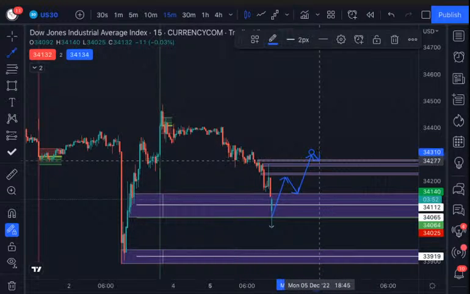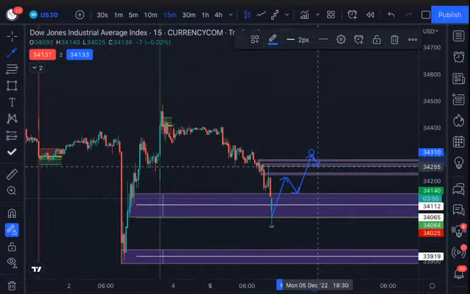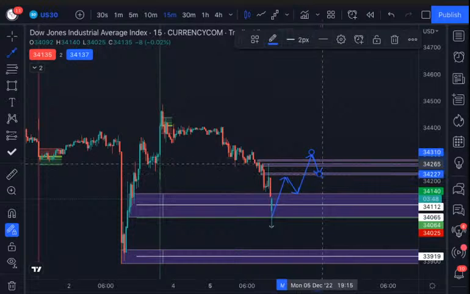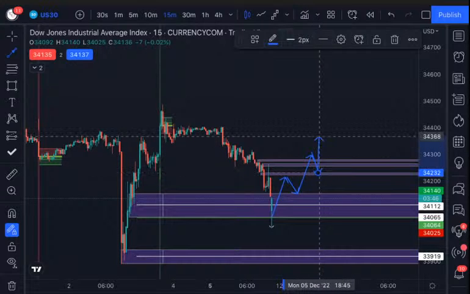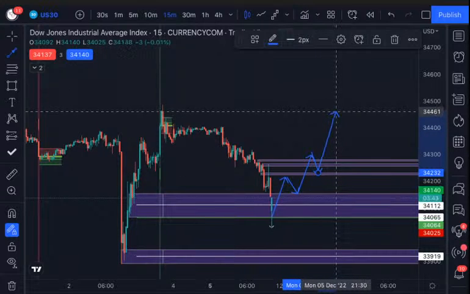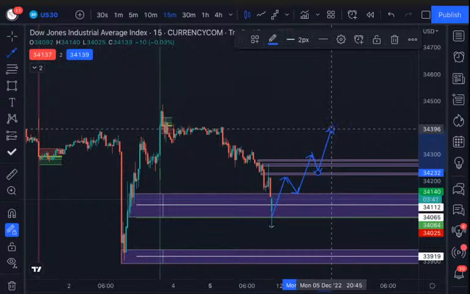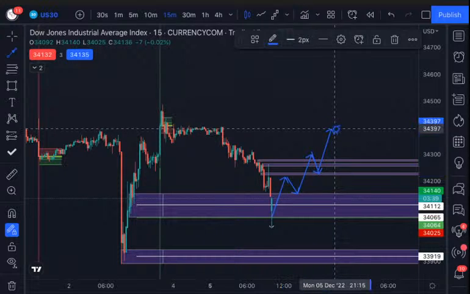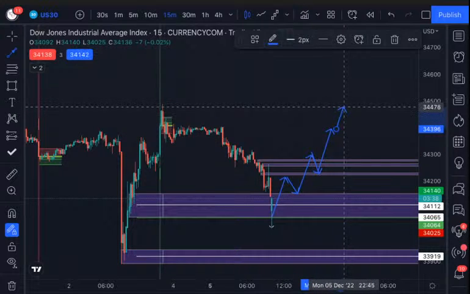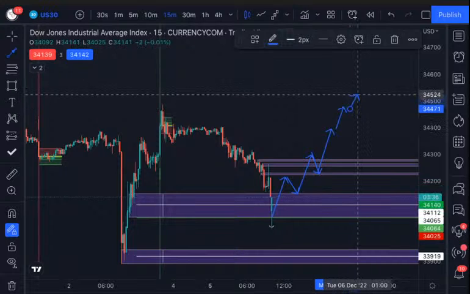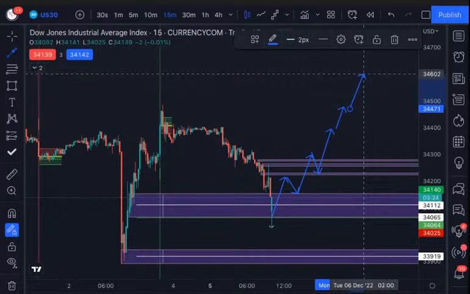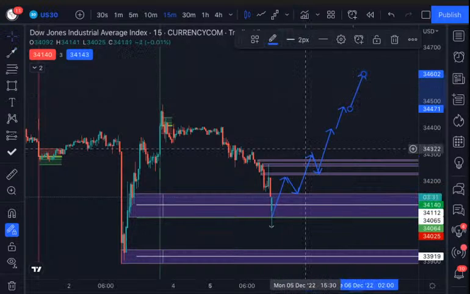You might find some rejection. It might stop right there, come back down here, and then just continue on up to these highs. We got a high right here, and from that high, we have this high, 0.60, which is the actual target.